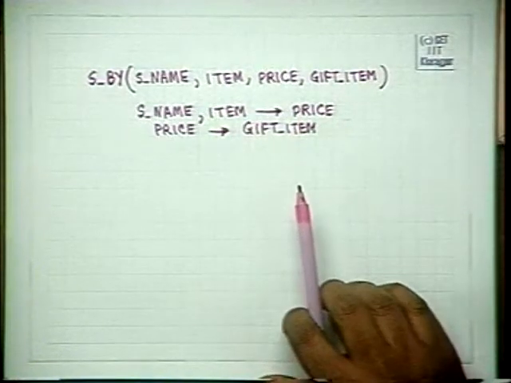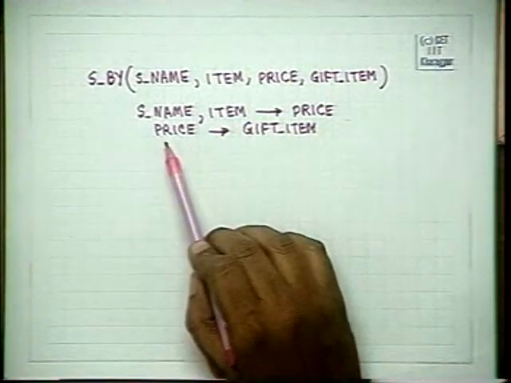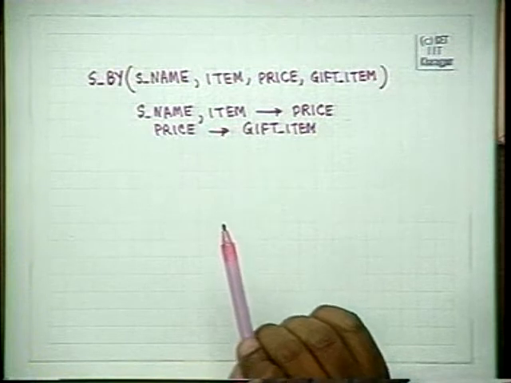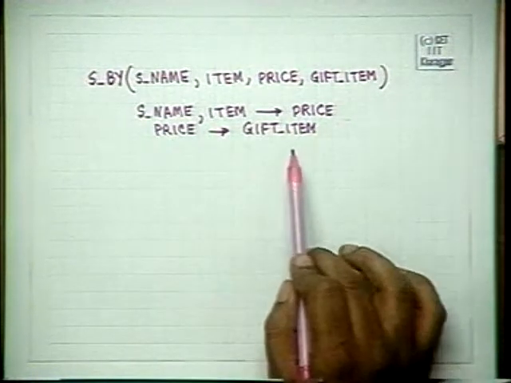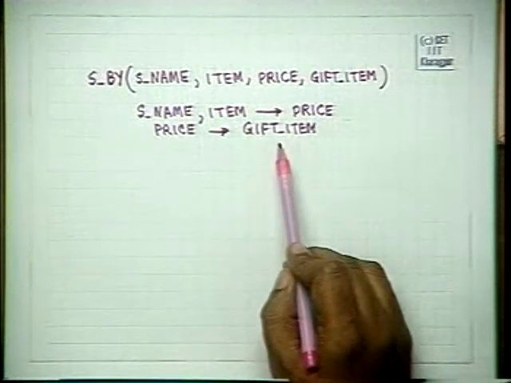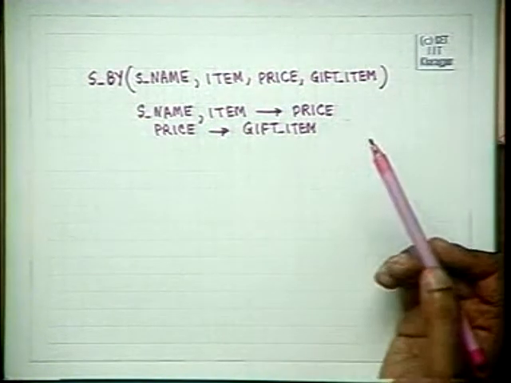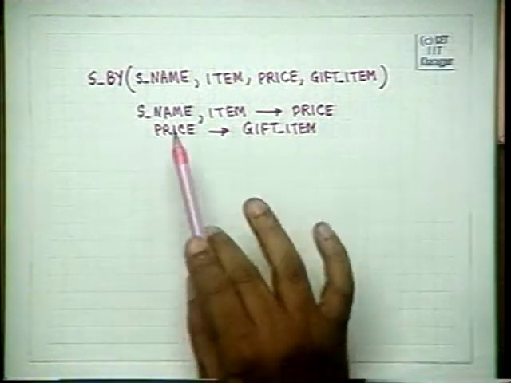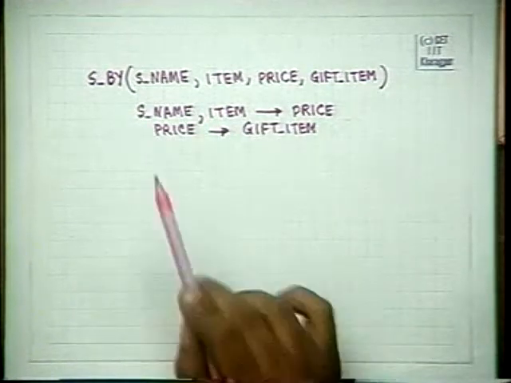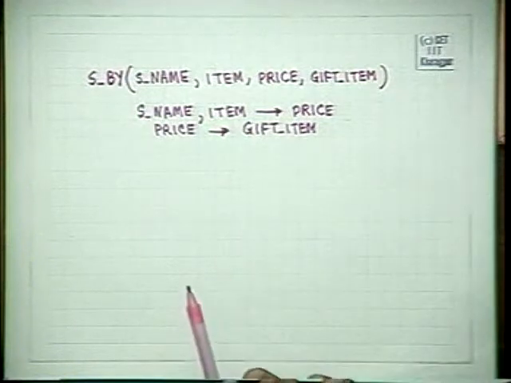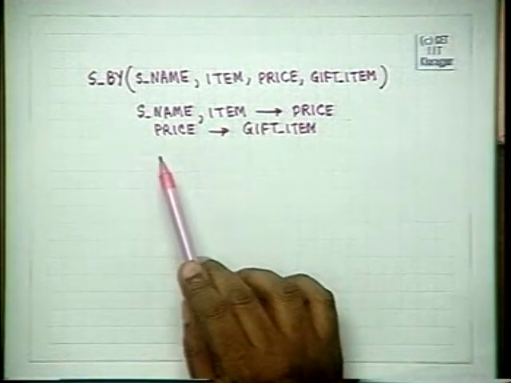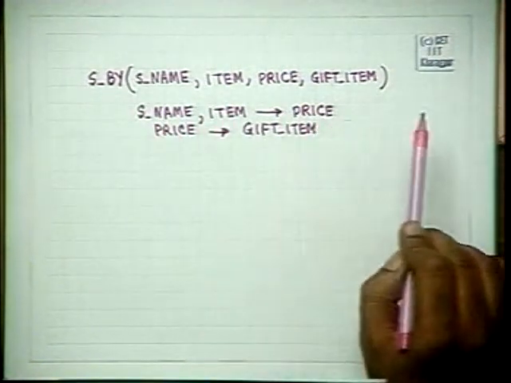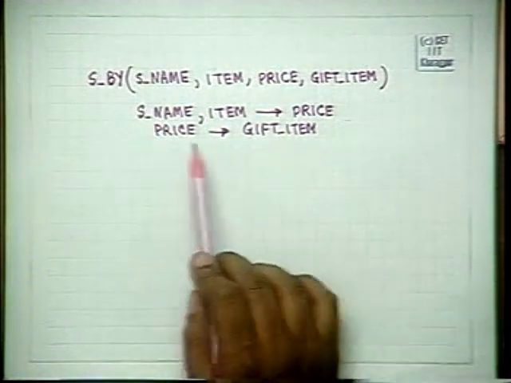The price of that item is fixed. And it also says that for any item of a particular price, there is an associated gift item. For some items, if the price is 10 rupees, then the gift item is fixed. That is, you will get a toy, or you will get a sachet of shampoo or something like that, if you buy an item worth 30 rupees. All items worth 30 rupees have got the same gift item. All items worth 50 rupees have got the same gift item. This does not mean that this supplier with this item and this price will have this gift item. The gift item is only price dependent.